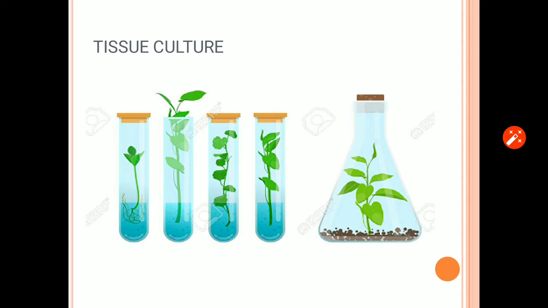Now the explant is transferred into a nutritive solution which has all the essential nutrients required for plant growth, and we have added to it a plant hormone, that is auxin. Auxin is the root promoting hormone. When we keep the explant in contact with the nutritive solution, it rapidly multiplies.